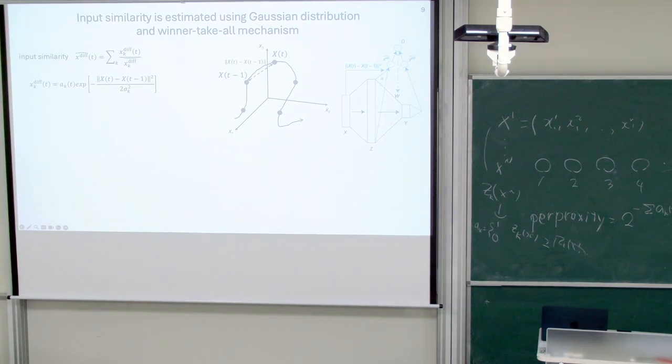So minimum perplexity corresponds to maximum entropy. So it means the distribution becomes wide as the sigma K is determined.